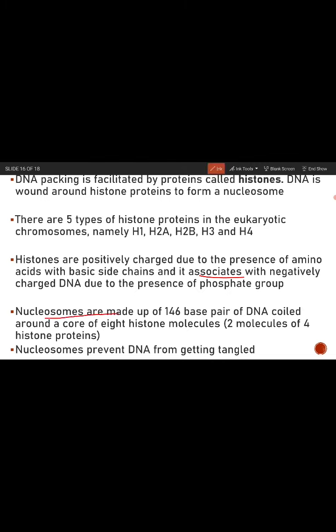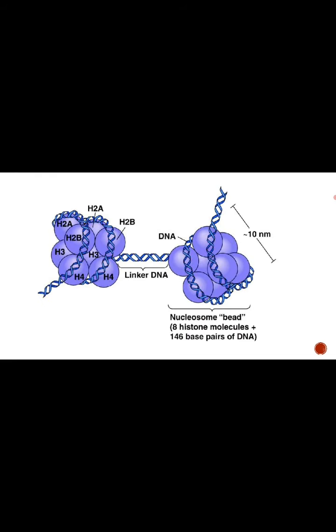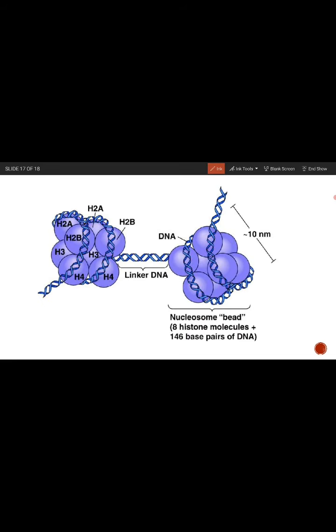The next point is nucleosomes are made up of 146 base pairs of DNA coiled around the core of 8 histone molecules, and nucleosomes prevent DNA from getting tangled. As you can see in this picture as well, there is the histone octamer with H1, H2A, H2B, and 146 DNA base pairs present within this nucleosome, and a little bit of DNA is present as linker DNA between two nucleosomes, right?